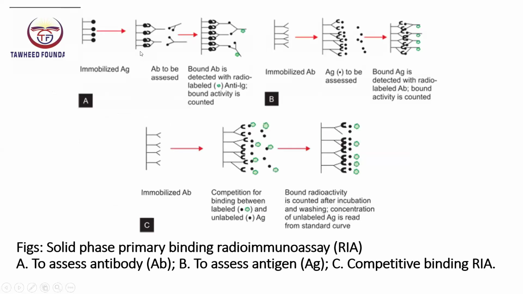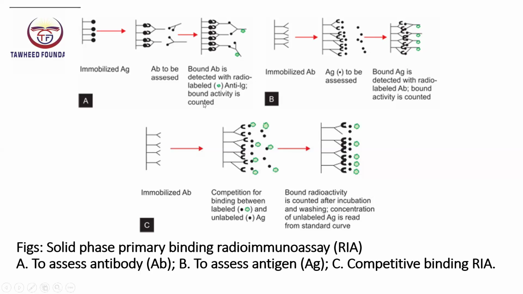This is the solid phase radioimmunoassay, figures A, B, and C. Figure A shows sandwich antibody, B shows sandwich antigen, and C competitive binding RIA. This diagram illustrates the concept of solid phase radioimmunoassay in three variations, that is A, B, and C. In figure A, the solid surface, often a polystyrene well, is coated with a known antigen.